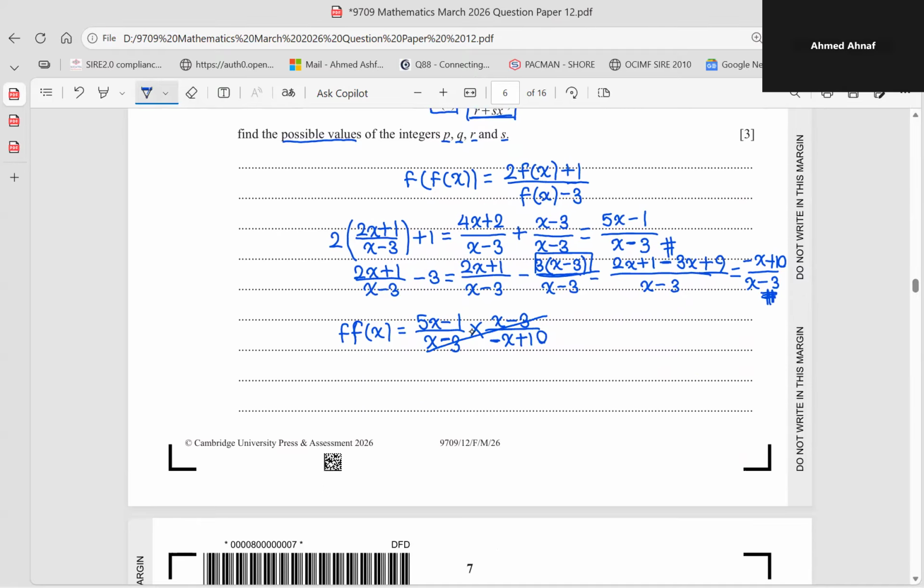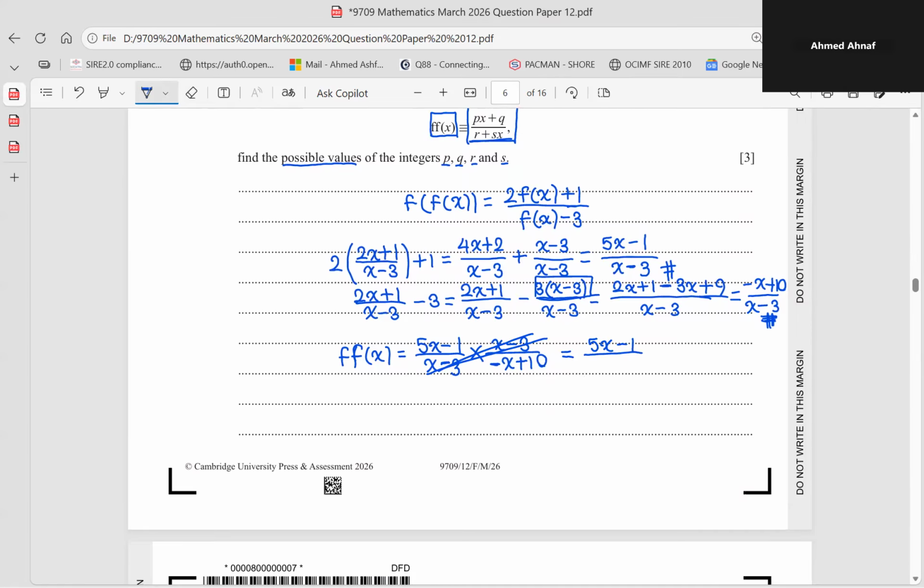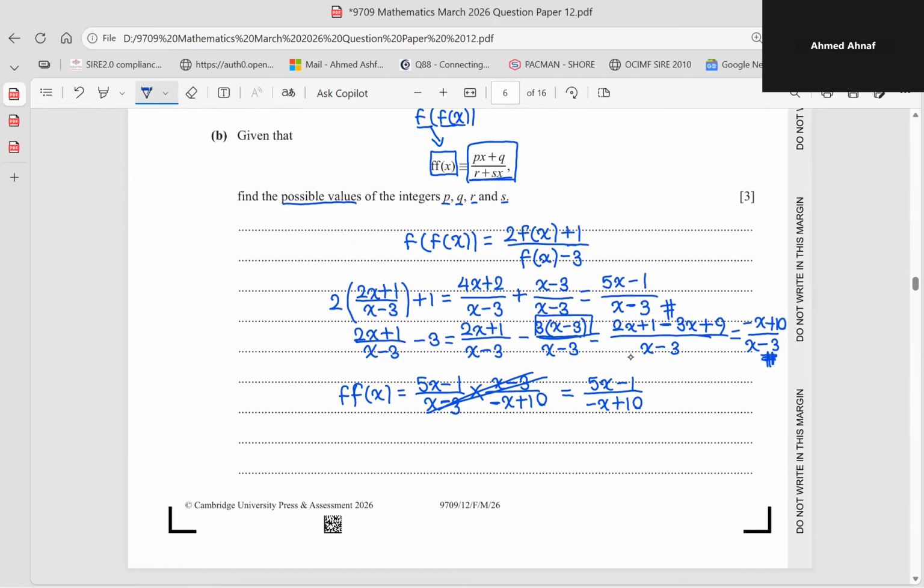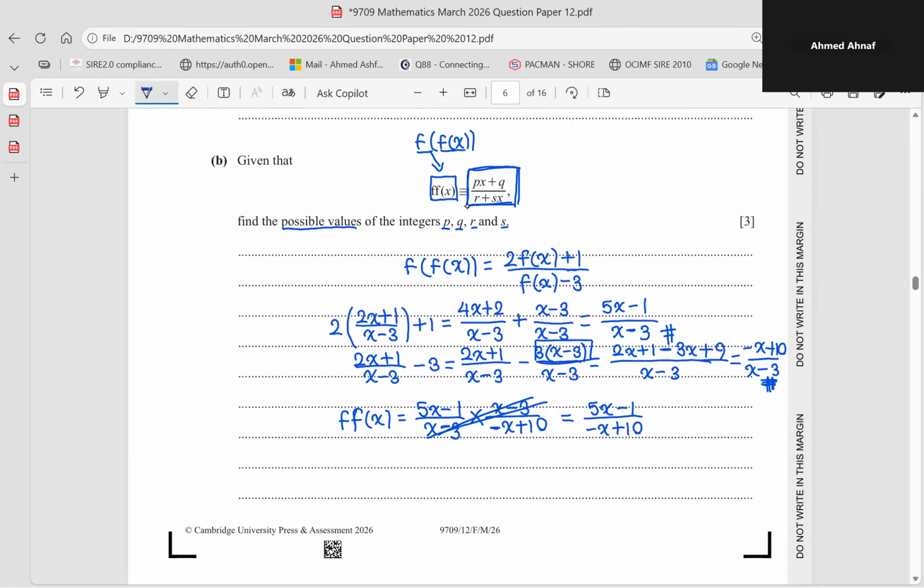So yeah, these two will cancel out, and our final answer would be 5x minus 1 over minus x plus 10. Or if you want to express it in this exact form, in this exact order, it would be 5x minus 1 over 10 minus x.